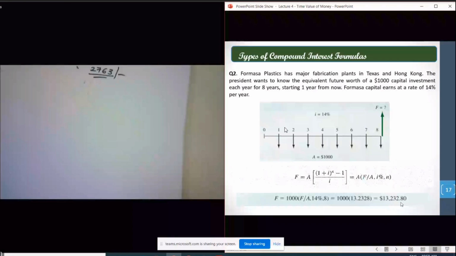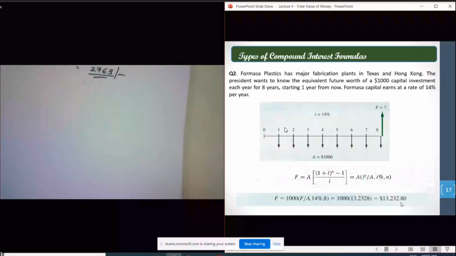So $13,232.80 is nothing but the consolidated sum of all the $1,000 which the company deposits from the end of the 1st year to 8 years.